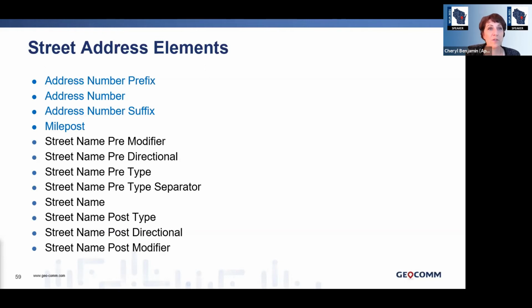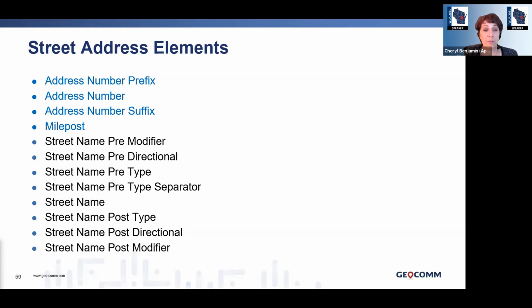Then before the street name, there's a whole bunch of new fields. You have your pre-directional, which you've used before in your legacy fields, but now there's 3 new elements. You have a street name pre-type, and what that is, it's basically a post type word that occurs before the street name. So this would be things like state route, highway, or even like avenue, if you have Avenue A, for example.